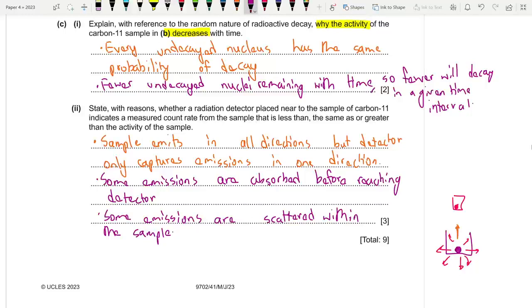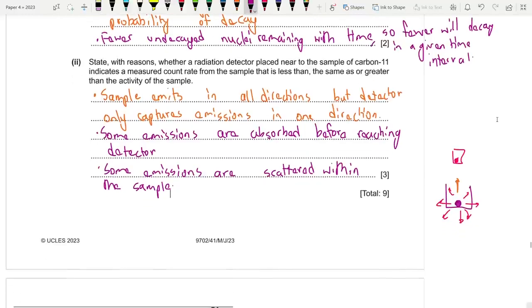And what else? Simultaneous arrival of multiple particles only registers once. That is called the dead time of the counter. Basically, the counter has a time period before it can reset again. So if a lot of radiative particles reach the counter simultaneously, it will only register it once rather than twice, okay?